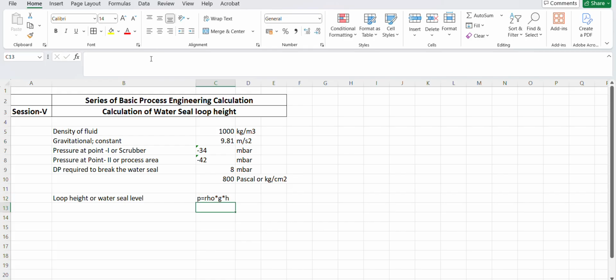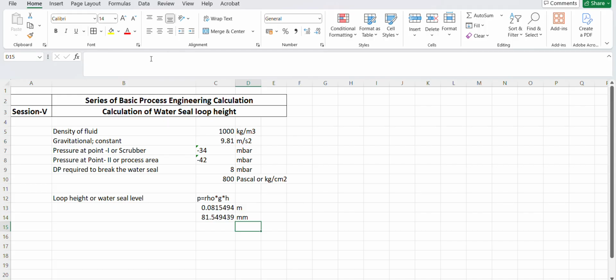We have to calculate the h, so we can simply divide P by rho into g. We will simply get the static head in meter. We can convert that into mm by simply multiplying by 1000. We have that much water seal or height of the loop required.